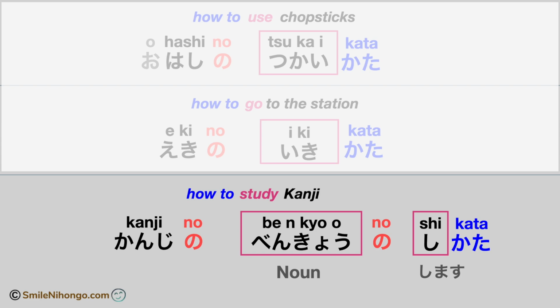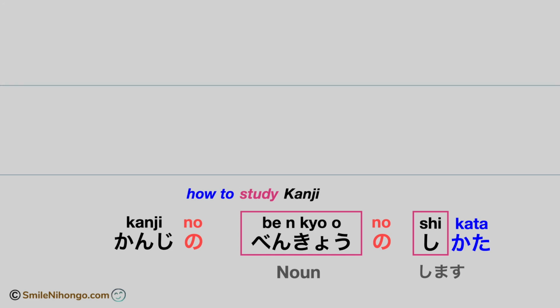So how to study kanji in Japanese is 漢字の勉強の仕方。You do the same with any compound verb that has します in it.